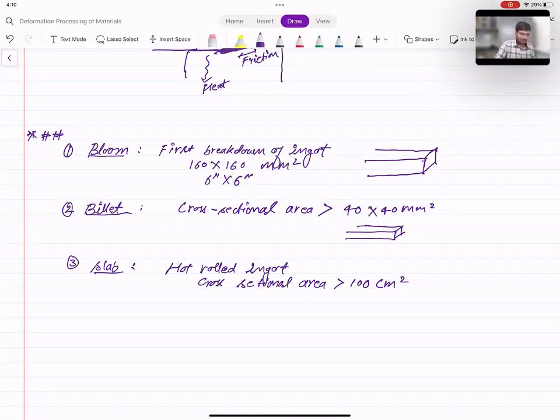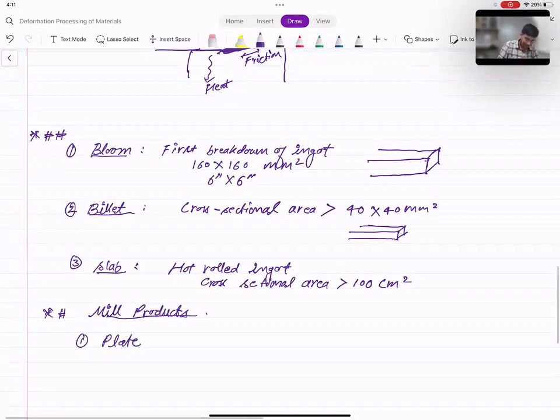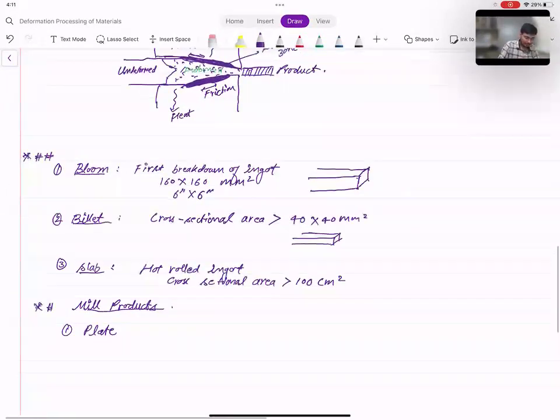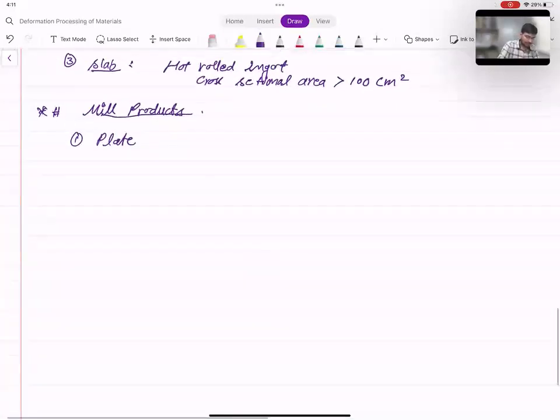What are these mill products? So first one is plate.